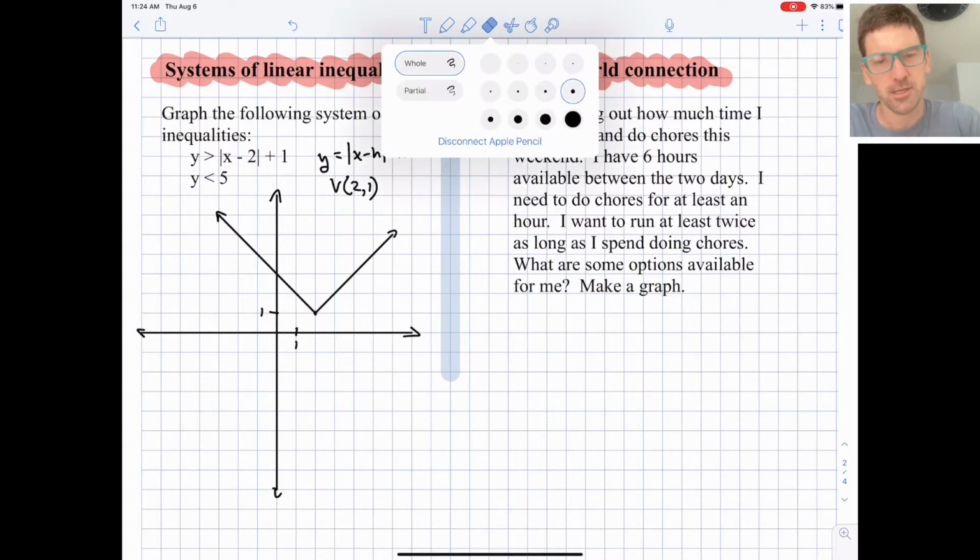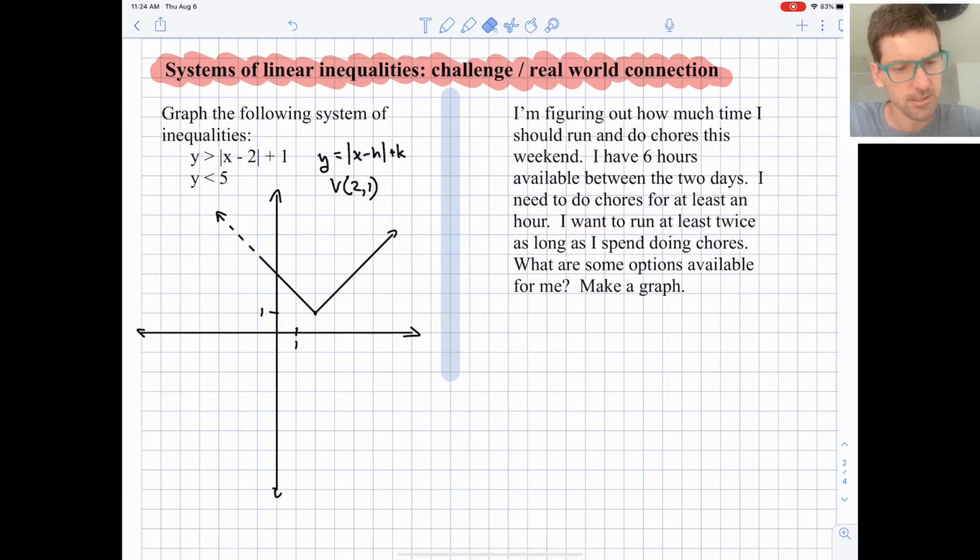And I'm going to turn this into a dotted line, because it's just a greater than symbol. Okay, so that is my first one. I'll shade it in black right here because we want it to be greater than.